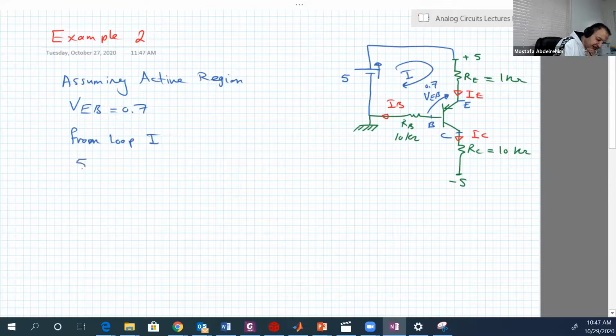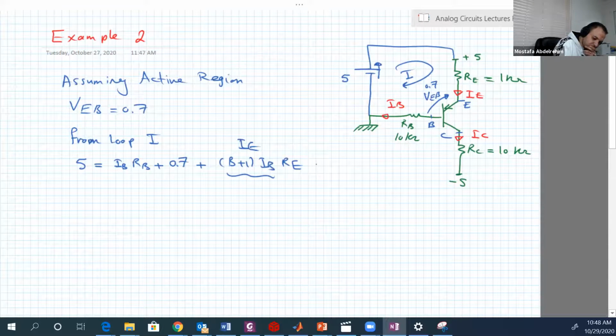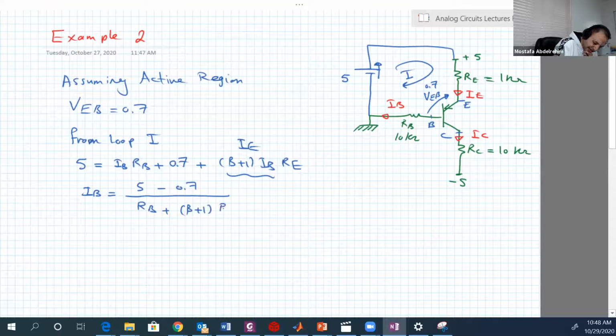From loop 1, 5 equals IBRB plus 0.7 plus IE times RE, and IE is actually beta plus 1 times IB. So in this equation there is only one unknown. IB is equal to 5 minus 0.7 over RB plus beta plus 1 times RE.